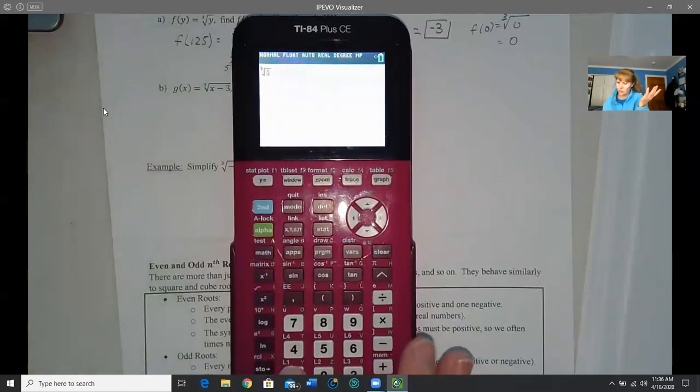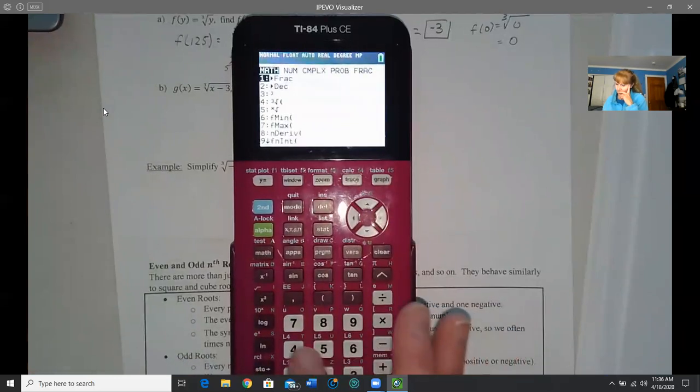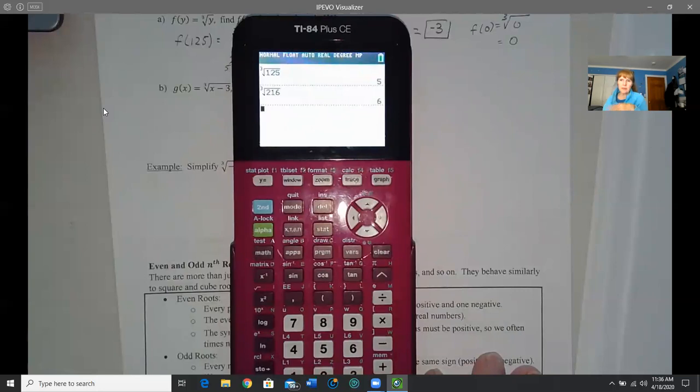Then you could put in 125 and it'll give you 5. Also, if you go to math, 4 cube root, you can put in 216. It's 6. That tells you that 6 times 6 times 6 is 216. We'll be doing one of those in a minute.